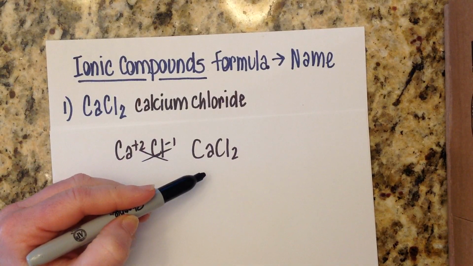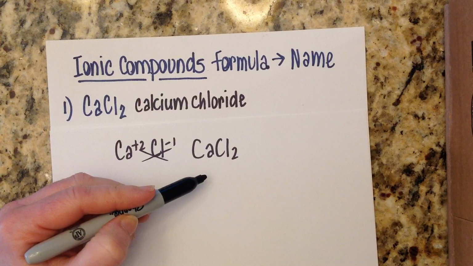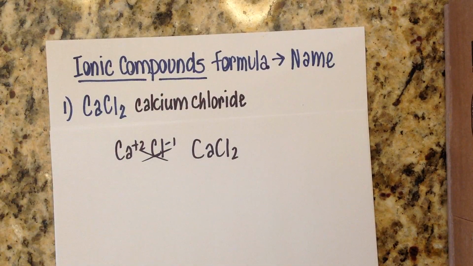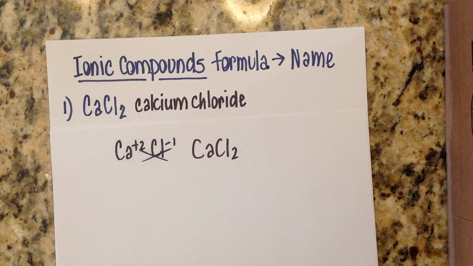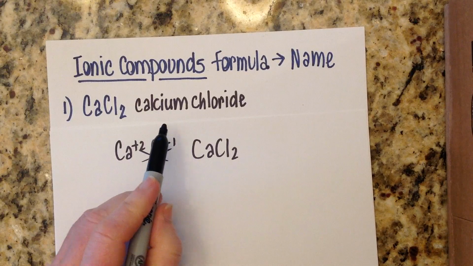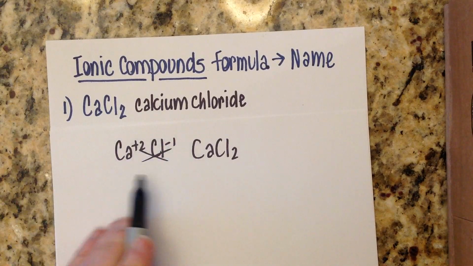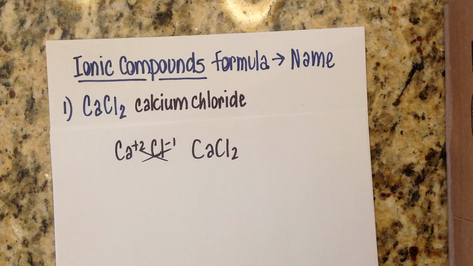That is the only way Mother Nature is going to let that happen. And because of that, when we're writing ionic names, we do not have to include these subscripts or any indication of what those subscripts were anywhere in that name. It's just understood that this calcium chloride came from this, and that's the only way it can look.